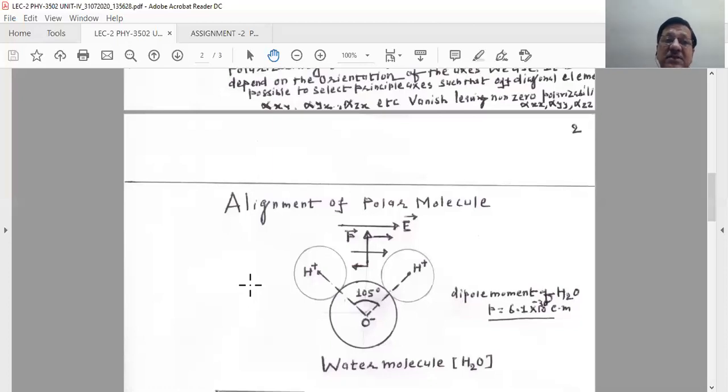These molecules are homonuclear, and since they are homonuclear, they do not possess a permanent dipole moment. So these molecules will not interact with infrared radiation or microwave radiation.